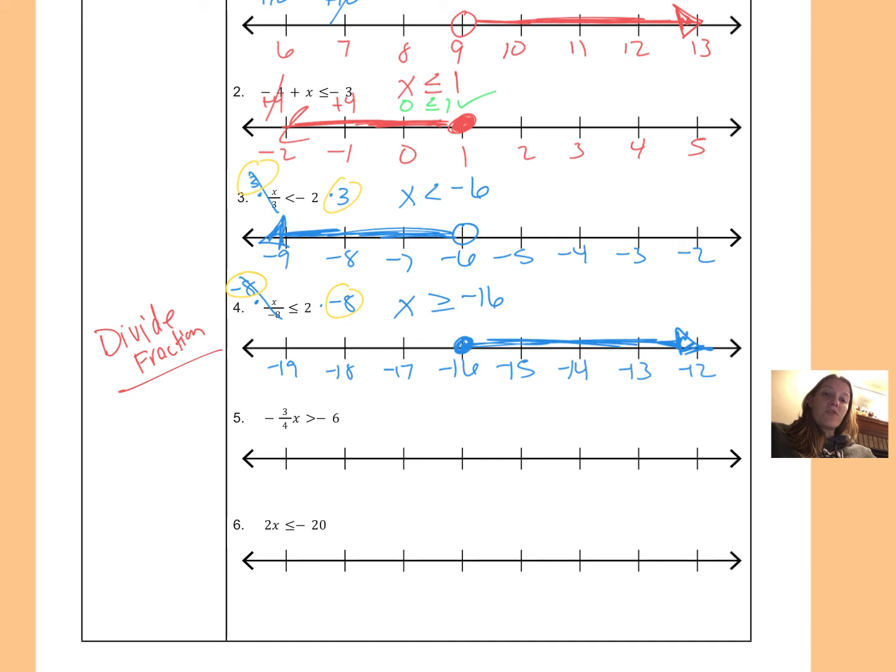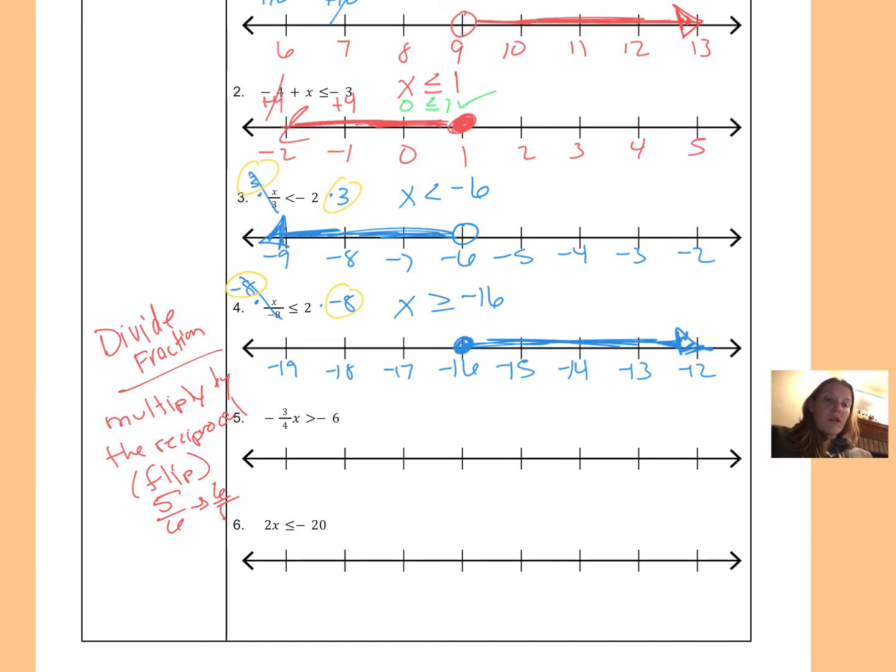So to divide fractions, we actually ended up multiplying by the reciprocal. And the reciprocal means we flip. So 5 over 6 would become 6 over 5, for example.